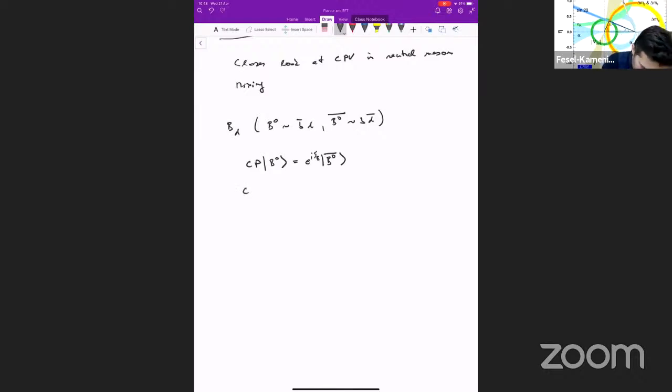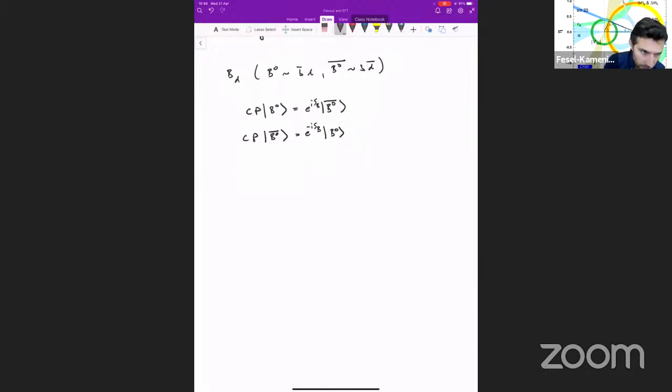And similarly, performing CP conjugation on B0 bar will yield a B0 state, again up to a phase, which is now just the minus of the previous one. Okay, because of course we want CP conjugation squared to be the identity.